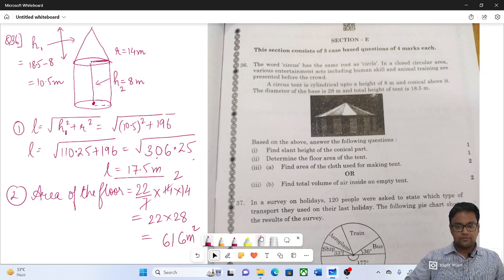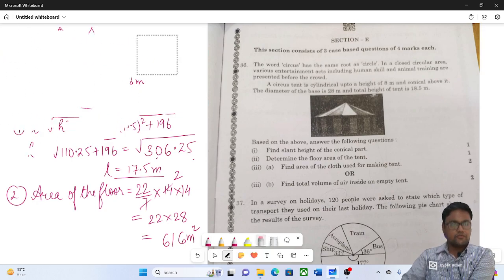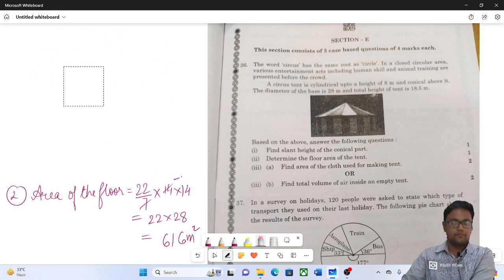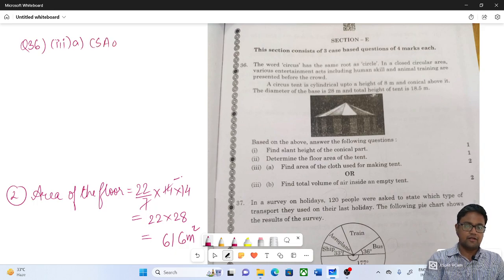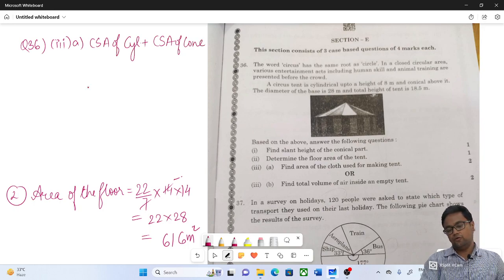Now, let us see further what is stated. Question number 36, third part, part 1. Find the area of the cloth used for making the tent. So, the area is the CSA of the cylinder plus the CSA of the cone.